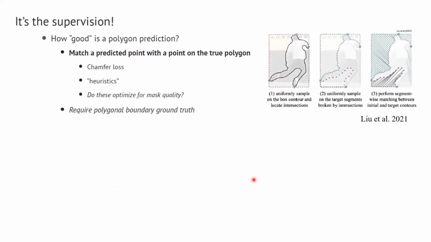So the motivation is to obtain polygonal structures. There has been work doing this, but first you need polygon supervision. Second, these losses are hard to enforce. The reason is the following. If you represent a region using a polygon, you have a number of control points, let's say 10 points.